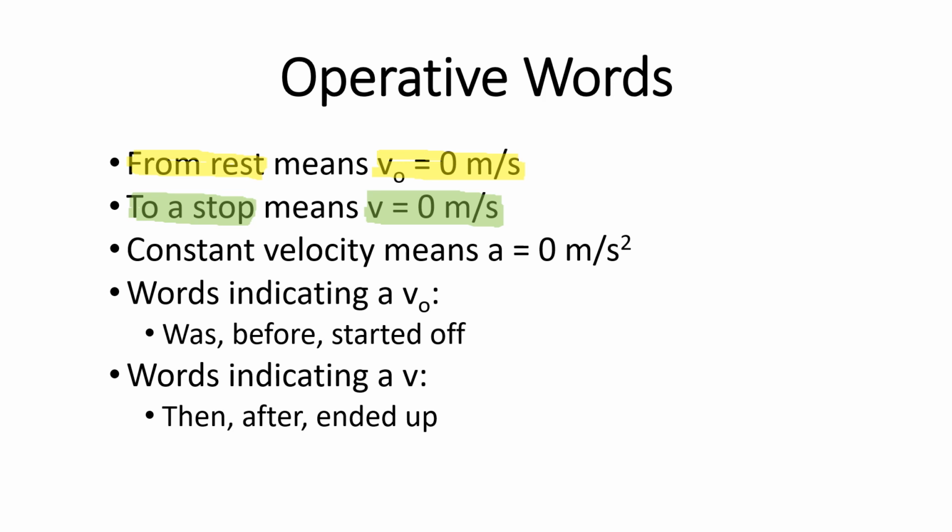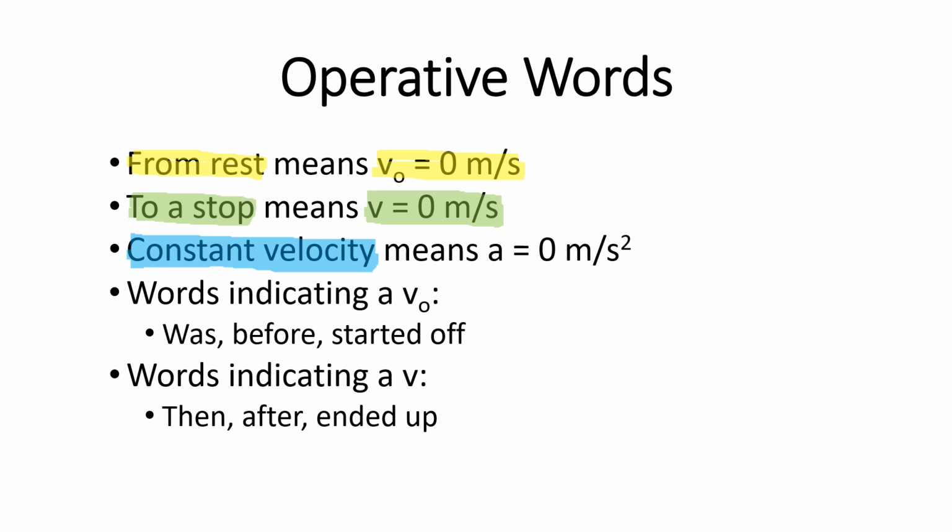If you happen to see "constant velocity," now this one's a little bit trickier because this one should ring some bells when we get into definitions of what acceleration actually is. Acceleration is defined as the change in velocity.